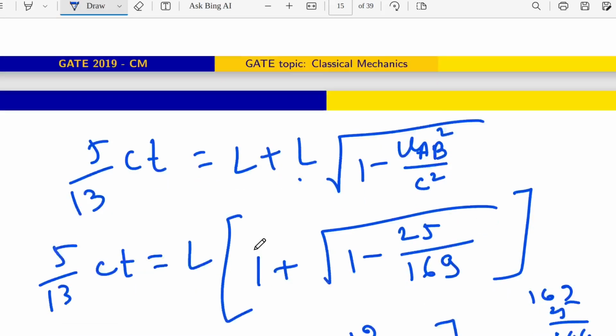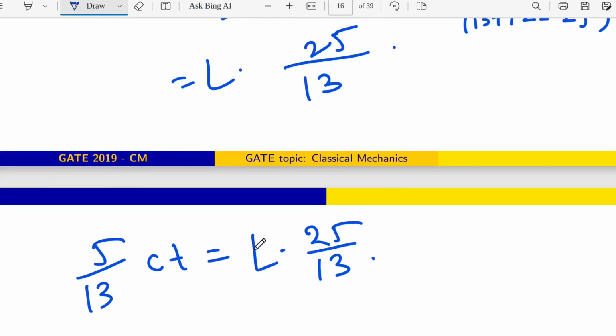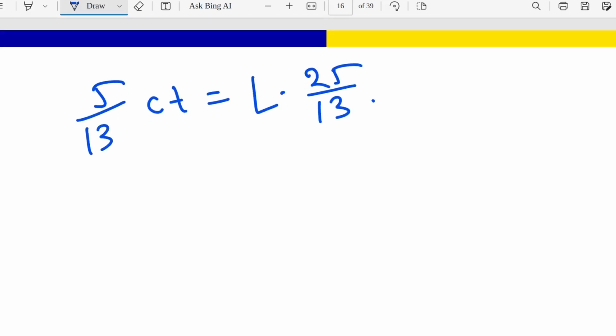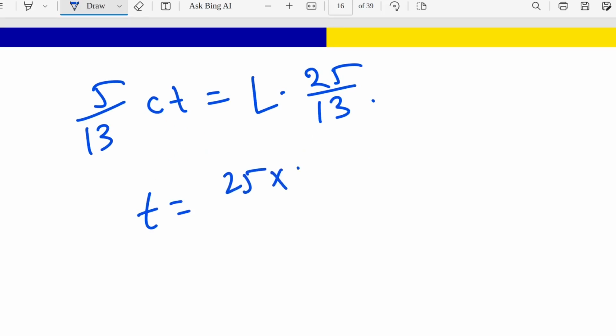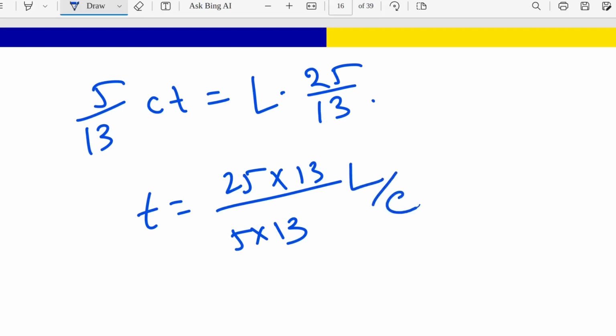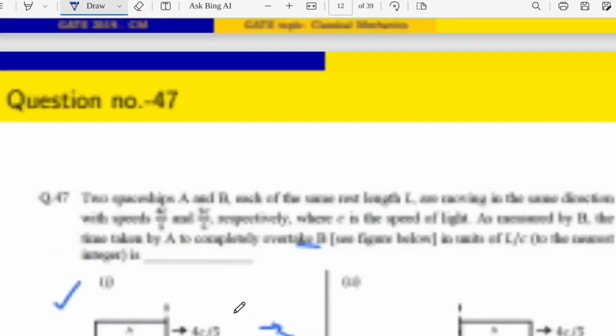If I calculate, I can get the T value: 25 into 13 divided by 5 into 13 into L by C. If I calculate this, it will be 5 into L by C. This is T, the time required to fully overtake B.